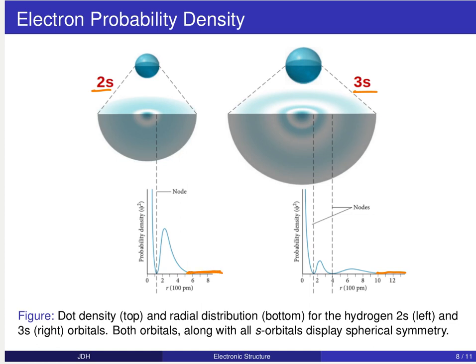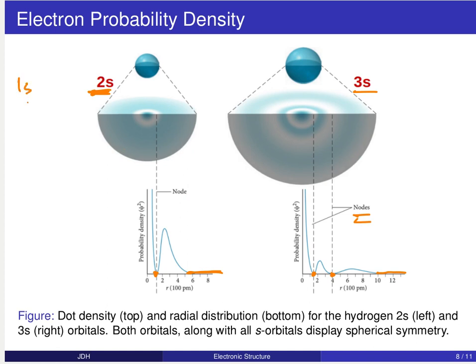Now, the important thing to note here, as you go to these different quantum numbers, 1s, then 2s, 3s, is that the shape of those probability distributions does change, okay? And one of the most striking features of these probability distributions are these regions where there is zero probability of finding an electron. We call those nodes. And so the higher the principal quantum number n, for a given L, the more nodes that you end up having.